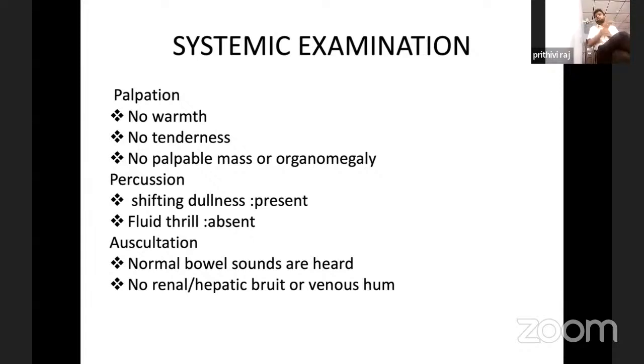What is the full name of the peritonitis? What is the terminology used for it? You say peritonitis, but it is known as what?